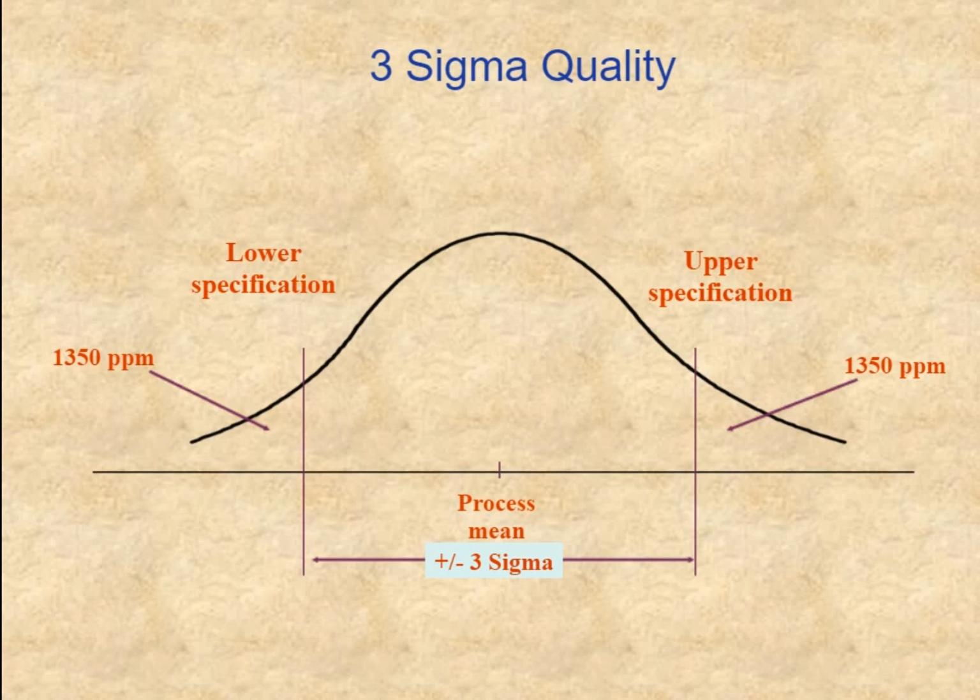Beyond this line, the size under this curve above this line is the probability that the parts we produce will be bigger than the specification, and the chance is 1,350 per million.